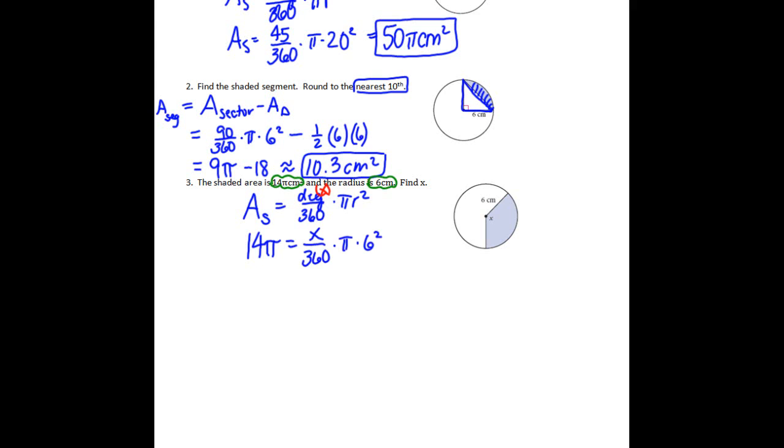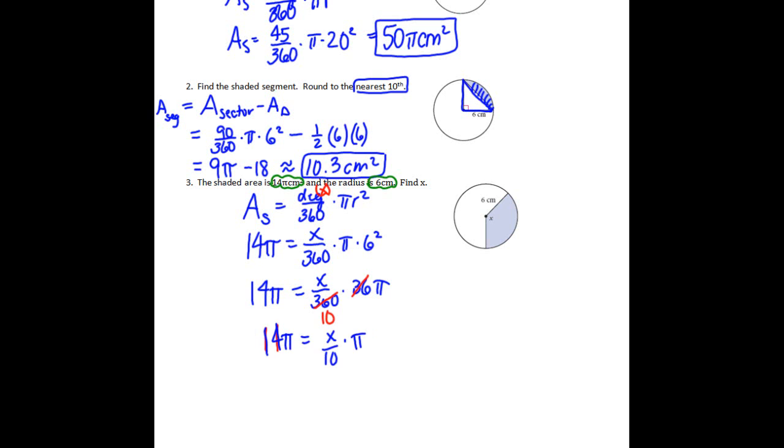And then we're going to just simplify this. It's simplifying algebra. So 14 pi equals x divided by 360 times 36 pi. Well, I see that I can cancel something here, so why not? I'll cancel my 36 into the 360, and that's going to give me 10 here. So simplifying a little further, I would get 14 pi equals x over 10 times pi.